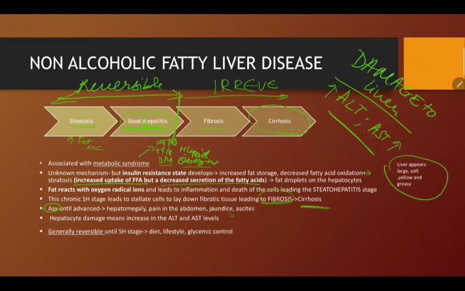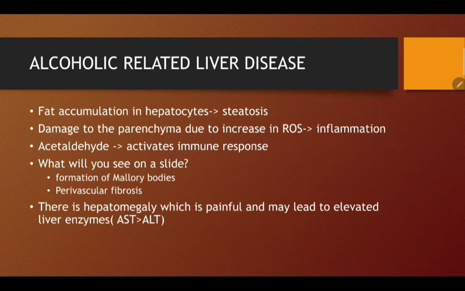All right. Next one. We spoke about non-alcoholic, we'll talk about alcoholic-related fatty liver disease. What happens is, alcohol is broken down by the liver into acetaldehyde, and it needs alcohol dehydrogenase to do so.